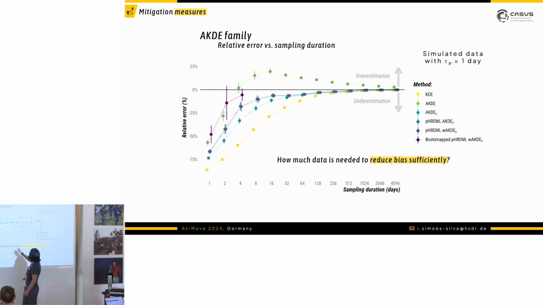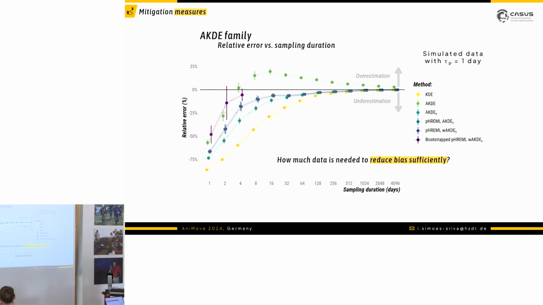And then we have the bootstrapping, which is this one here, which helps us correct even more for these cases of low effective sample sizes. But you saw that I didn't even run it beyond this, because it's very computationally intensive to run. But it does help reduce the error even for very low effective sample sizes.